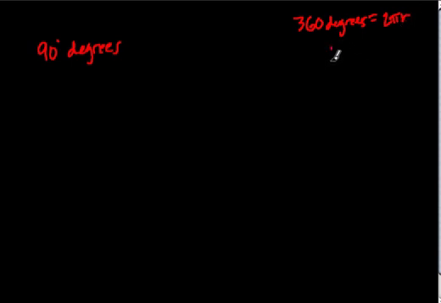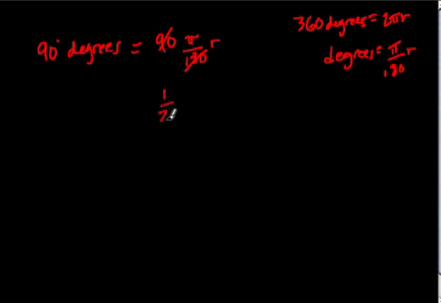So 1 degree, deriving it again, equals, I'm dividing by 360 on both sides, so I get pi over 180 r. So 90 degrees is equal to 90 times pi over 180 radians. 90 over 180 is just 1/2, so it's 1/2 pi radians. And that's equal to 90 degrees.